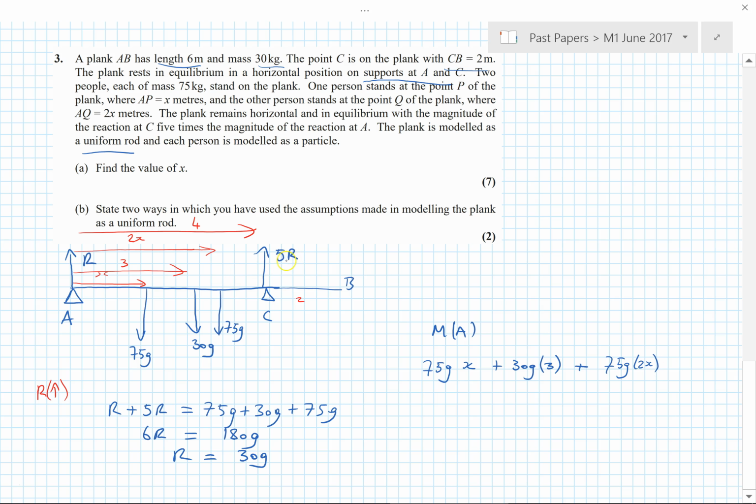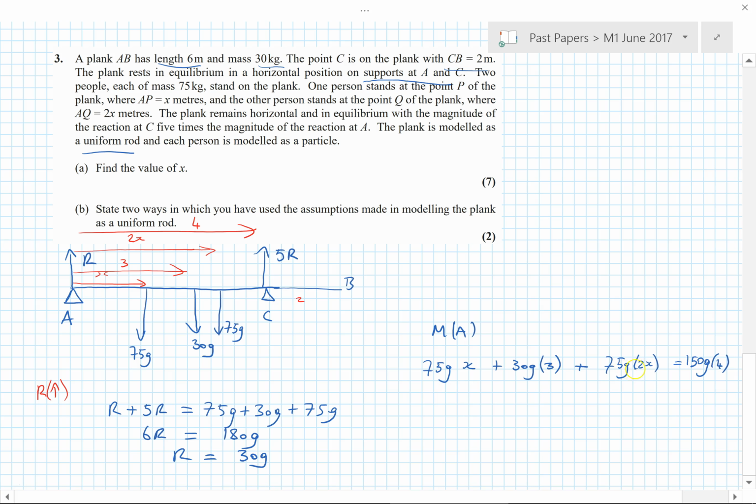is equal to 5R, well that's 150G times 4. So let's work all this out.